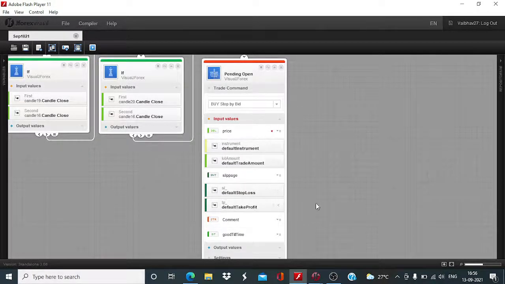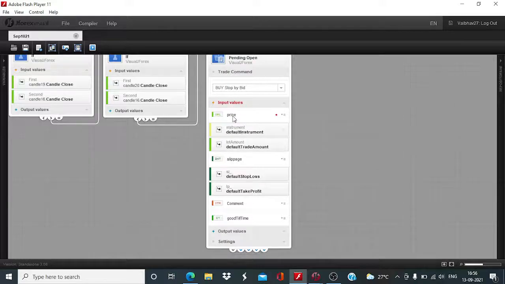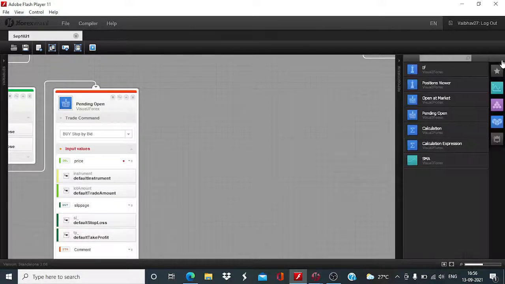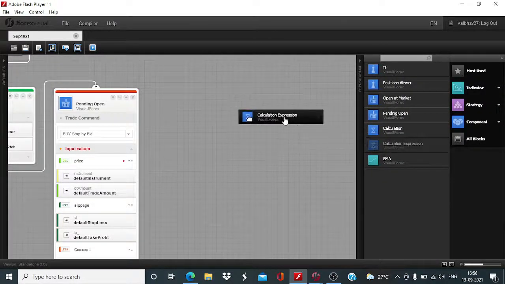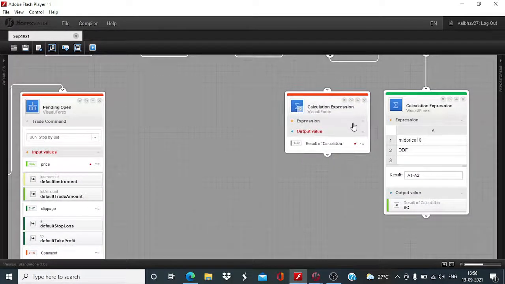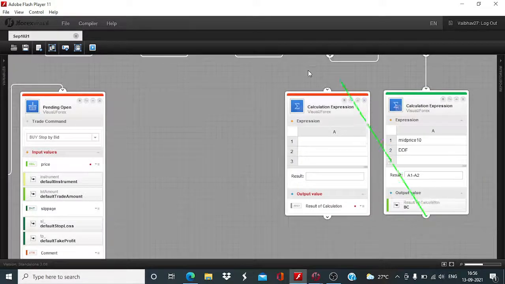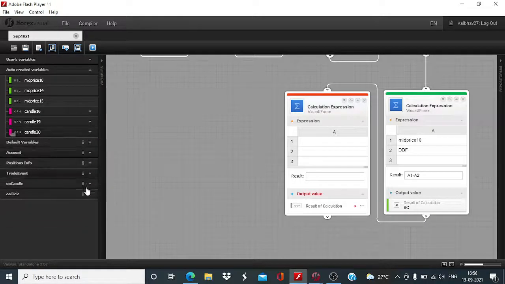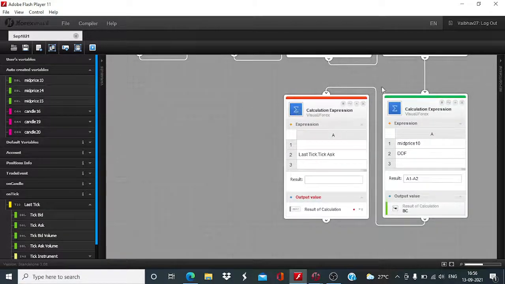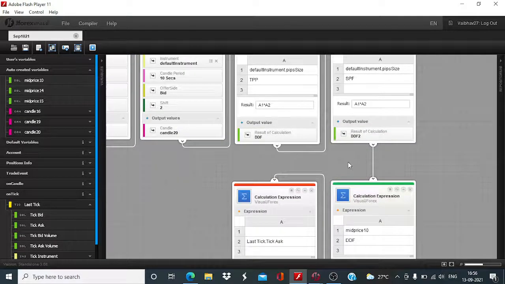and now we have to define the input parameters for this trade command block. The price will need to be defined newly, which is going to be 5 pips above the current market price. So for that we need a calculation expression. We take last tick ask and add 5 pips to it.